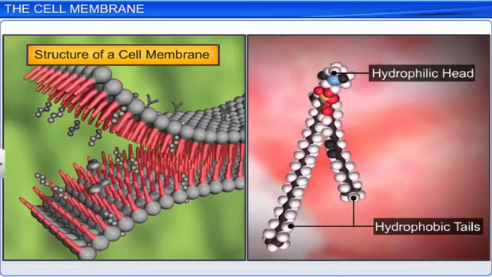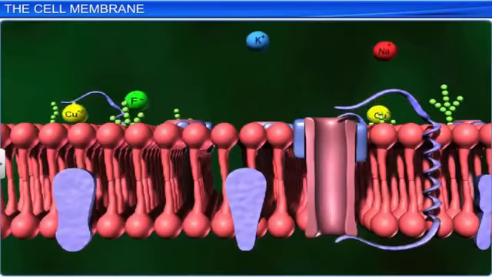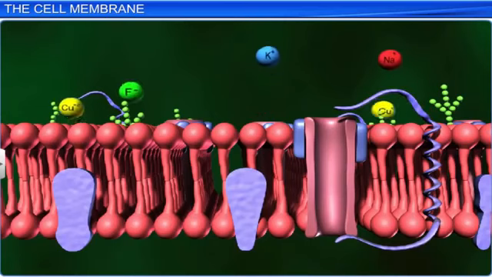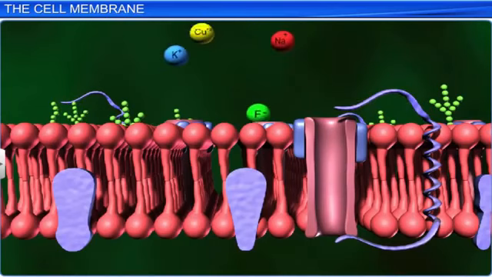Such an arrangement not only protects the tail from the aqueous environment, it also prevents polar molecules such as nucleic acids, proteins, and ions from diffusing through it.